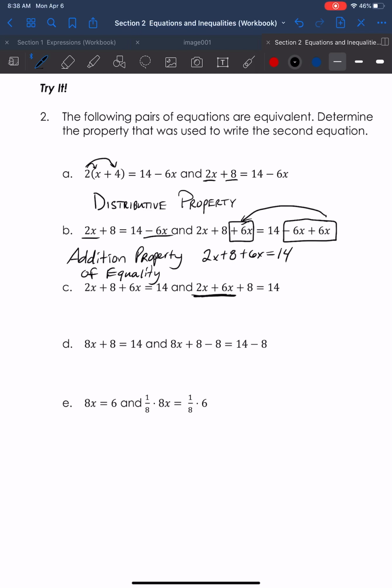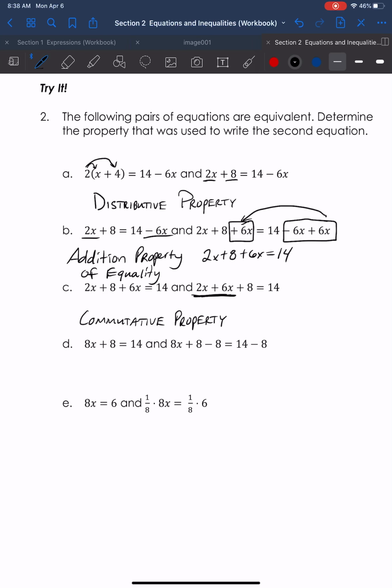All right, and in doing that, they changed the order of 6x and 8. So that is the commutative property. All right, that is the commutative property that they used in order to get the x's closer together. Maybe it allowed them to simplify easier, combine like terms.